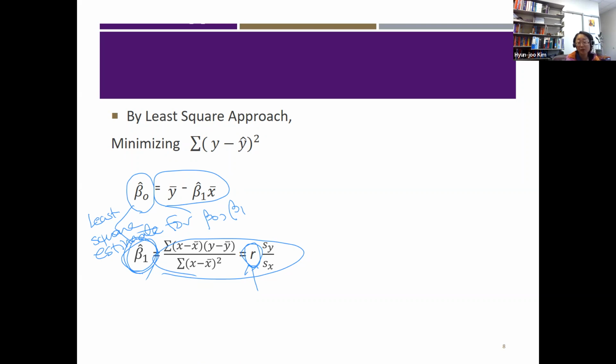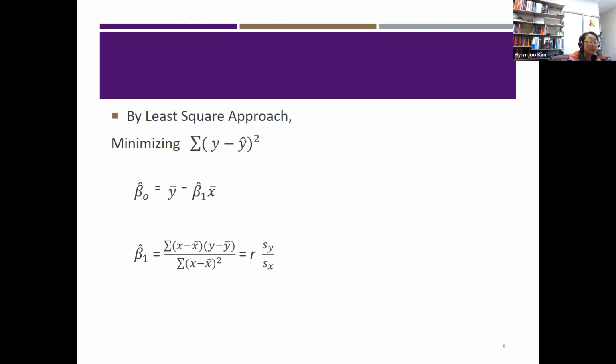But anyway, this is the formula for beta naught hat and beta 1 hat, but we're not going to use this formula to calculate these values. I mean, you can definitely do it, but we're not going to. If you run StatCrunch or any other statistical package, it will automatically calculate this for you, and we're going to take advantage of that.